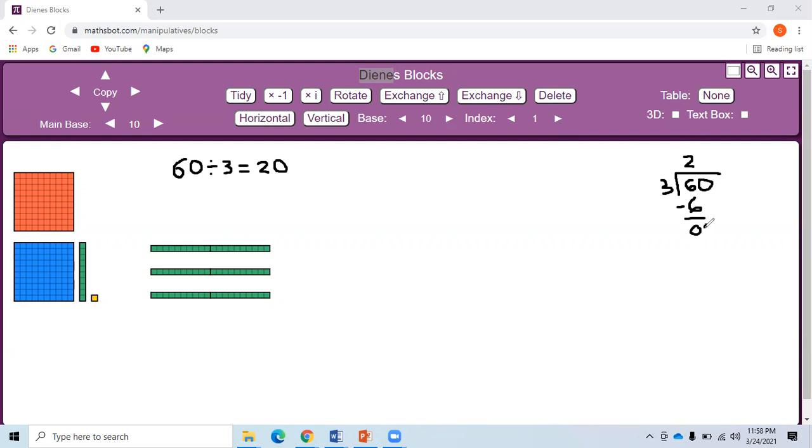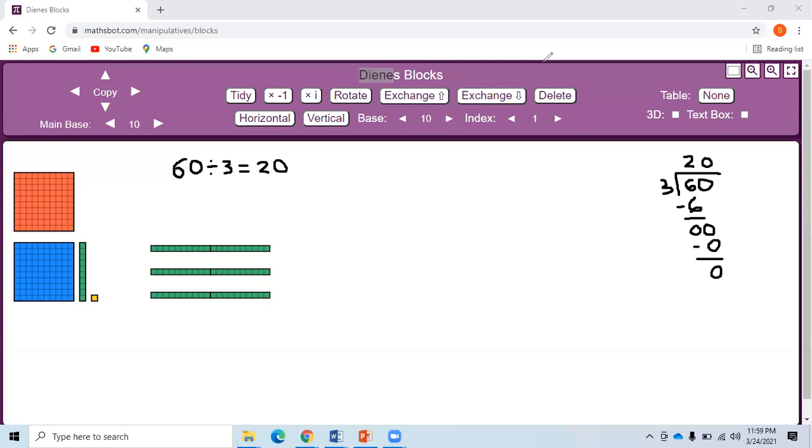So I need to bring that down and divide 3 into 0, which goes 0 times. 0 times 3 is 0. Subtracting, I get 0. So 60 divided by 3, no matter how I do it, is equal to 20. Be careful and make sure that you write that 0 in your quotient.